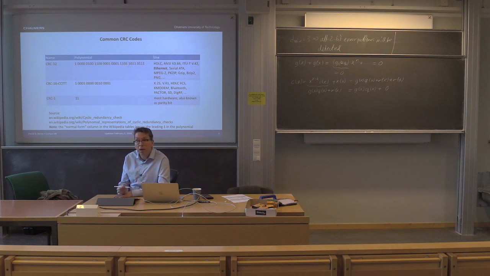So how many check bits is there for CRC32? How many check bits? The generator polynomial has degree 32, which is equal to the number of check bits.